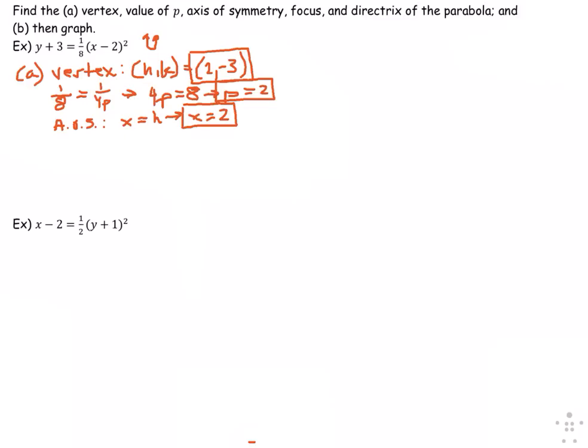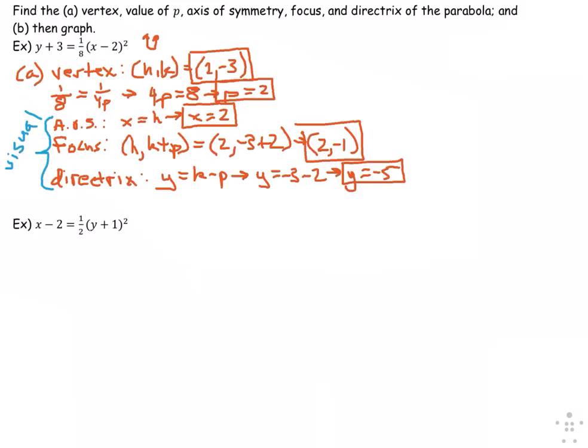I will continue to visualize what's going on with this parabola now to find the focus and the directrix using the p-value. So I visualize the upward opening parabola. I know the p-value is 2, so that means that the focus needs to be above the vertex by 2 units.